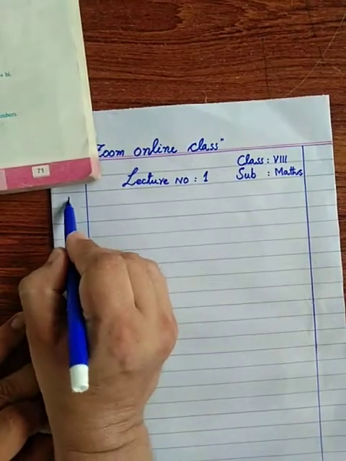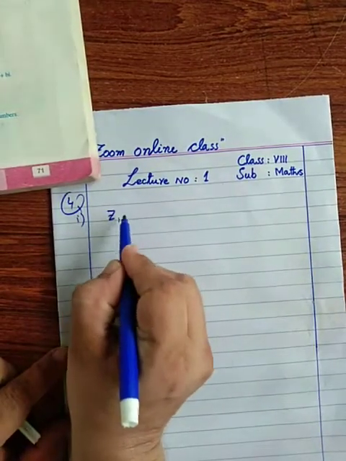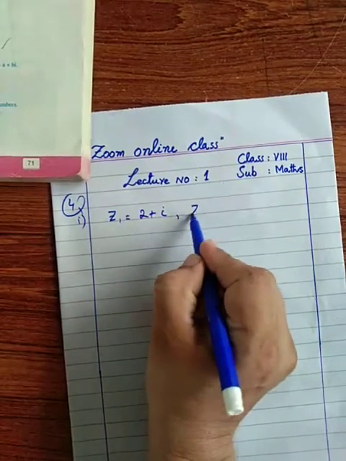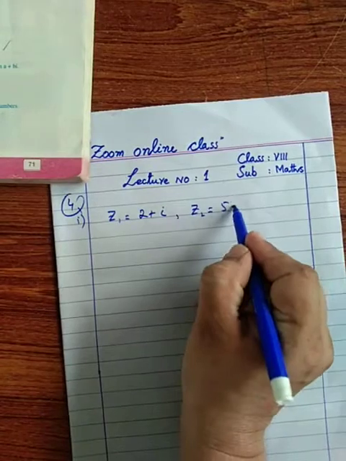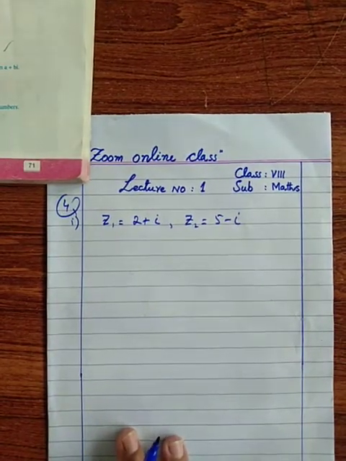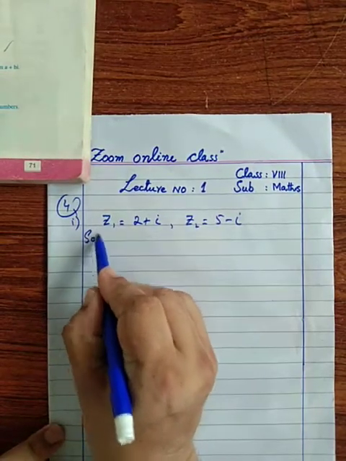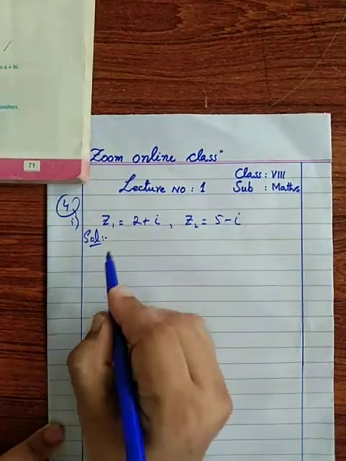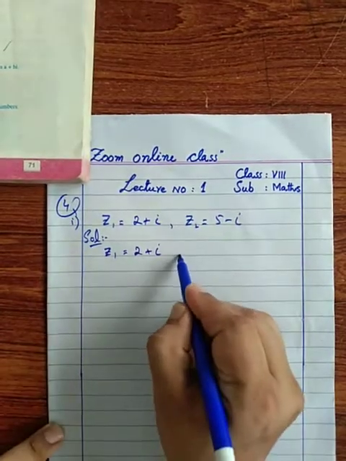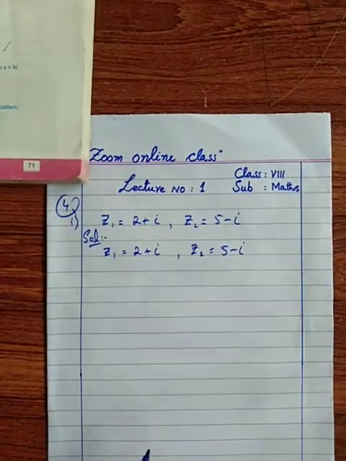So question number 4, part number first: Z1 is 2 plus iota, and Z2 is 5 minus iota. First of all, we write the solution and repeat the question, which is 2 plus iota, and Z2 is 5 minus iota.